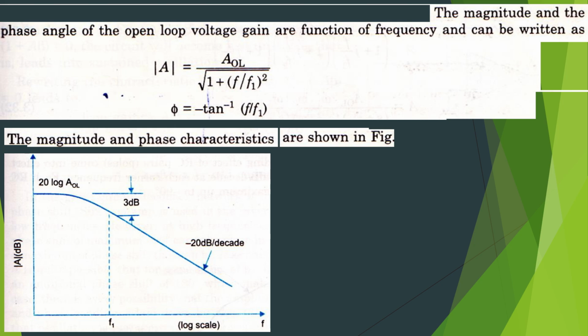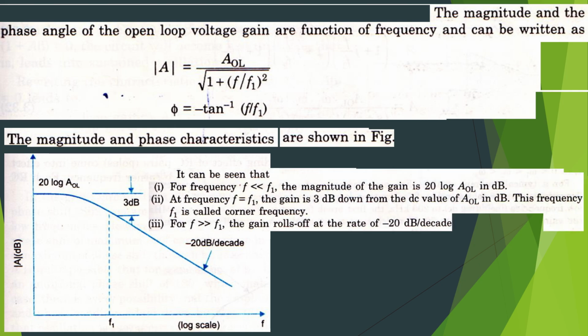F is the frequency and A is the gain in decibels. It can be seen that for frequency F lesser than F1, the magnitude of the gain is 20 log AOL in decibels. At frequency F equal to F1, which is the cutoff frequency, the gain is 3 decibels down from the DC value of AOL in decibels.